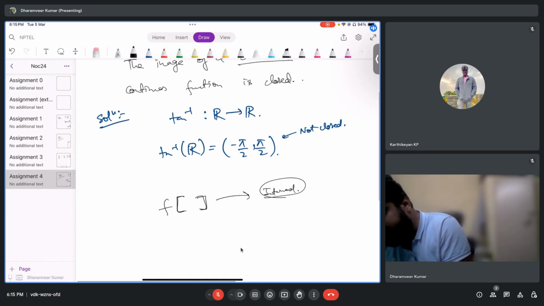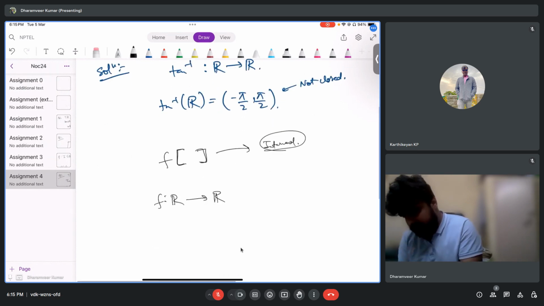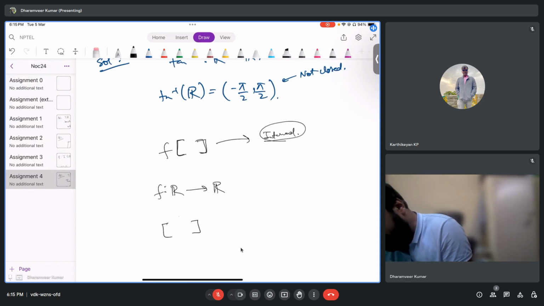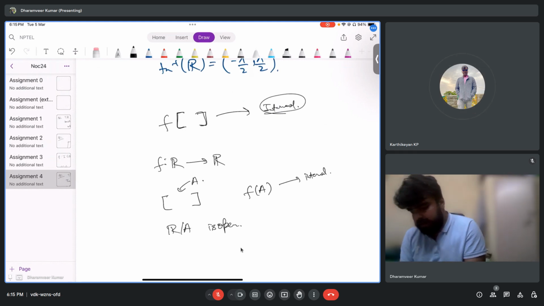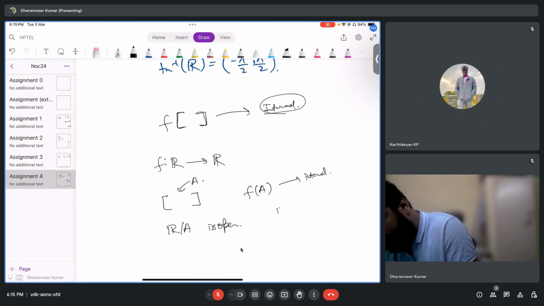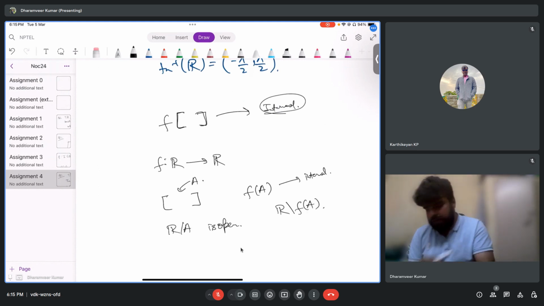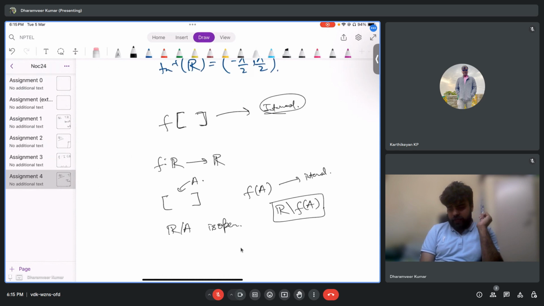If F is defined on all of R, let's say F is like this, and then you have a closed interval, let's call it A. Then R of A is open. Now we want to understand what F of A is. We know that this is an interval, right? So F of A is an interval.